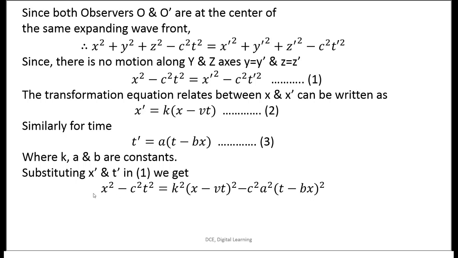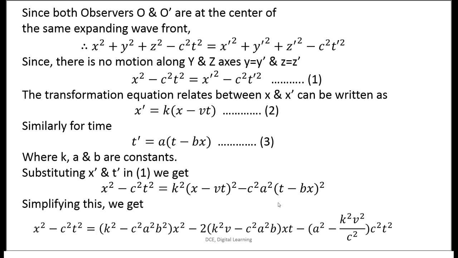and solving, we get this equation: x square minus c square t square is equal to k square into (x minus vt) whole square minus c square a square into (t minus bx) whole square.